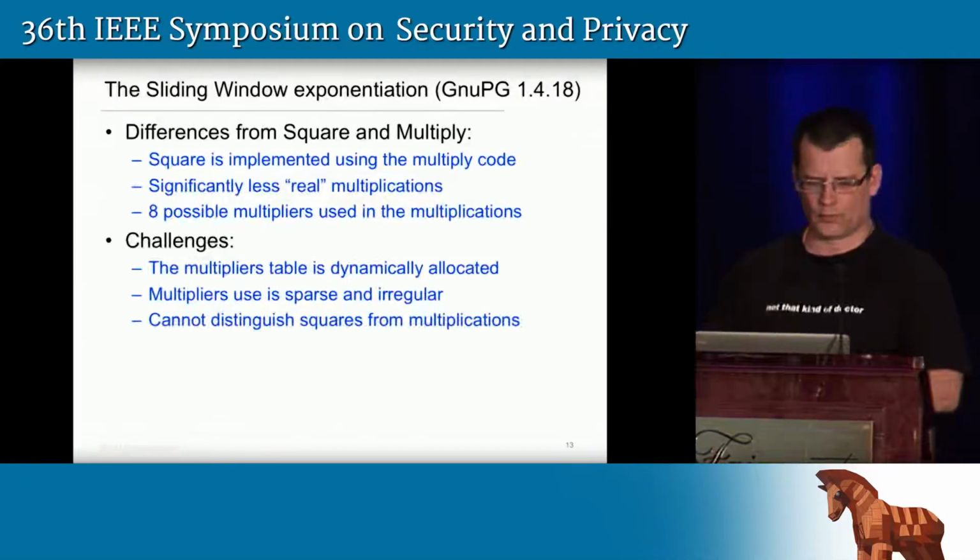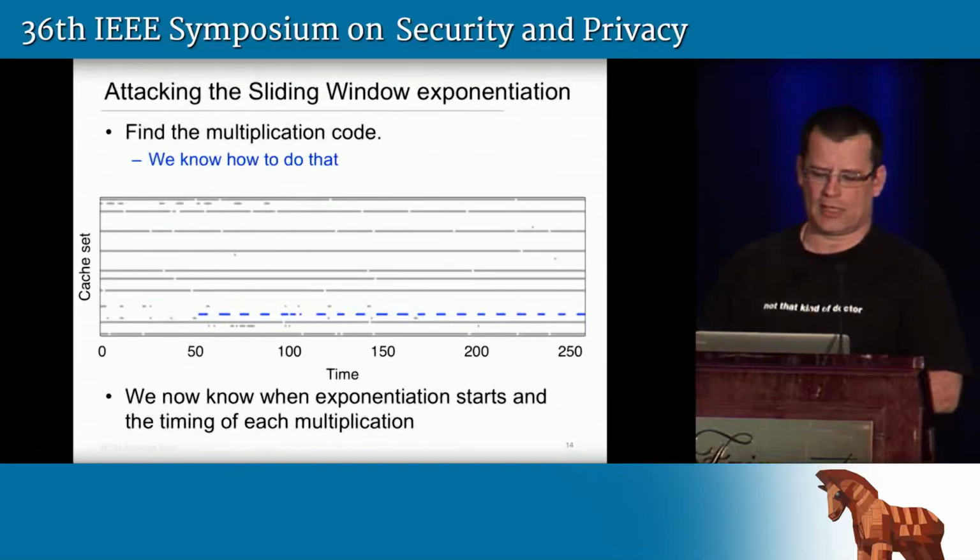So what do we do? First, we find the multiplication code. We know how to do that. It's the same as how we found the square code in the previous attack. If we look here, we find this code, and we see the access. It will always be multiply, reduce, because there are no squares in between.